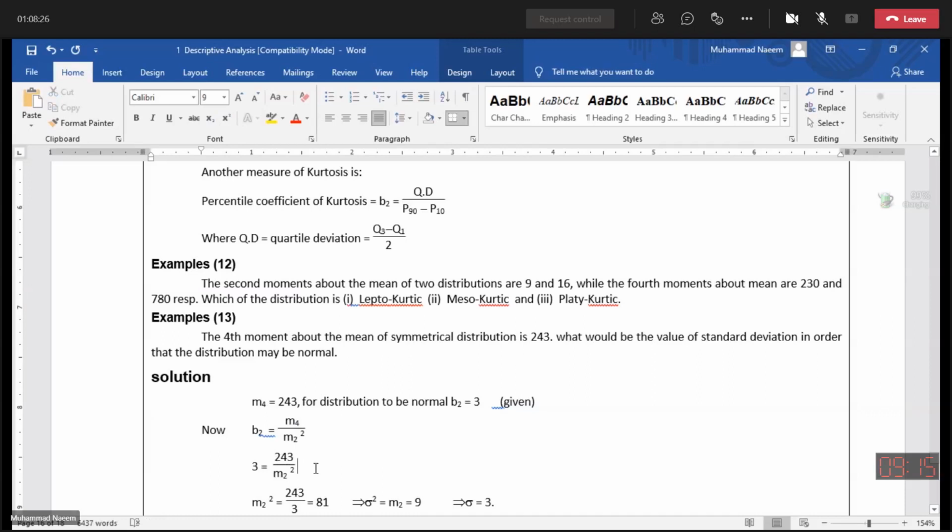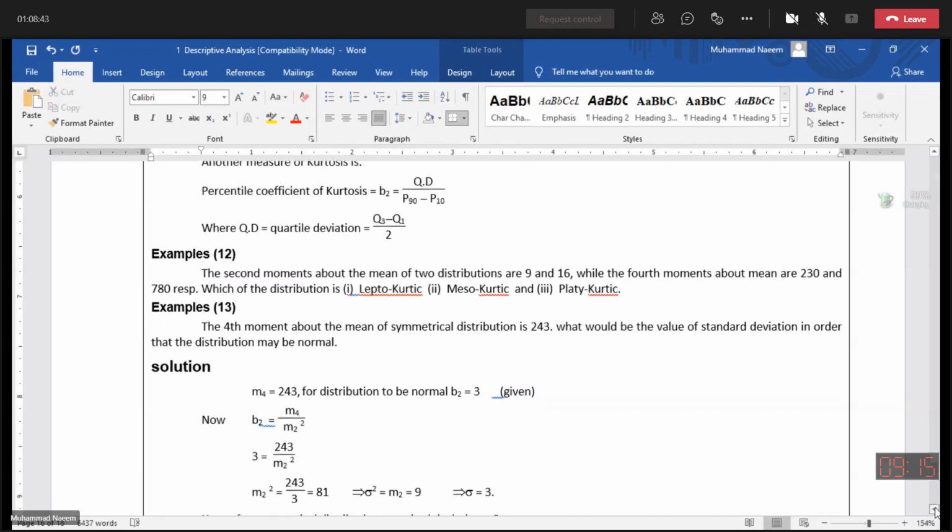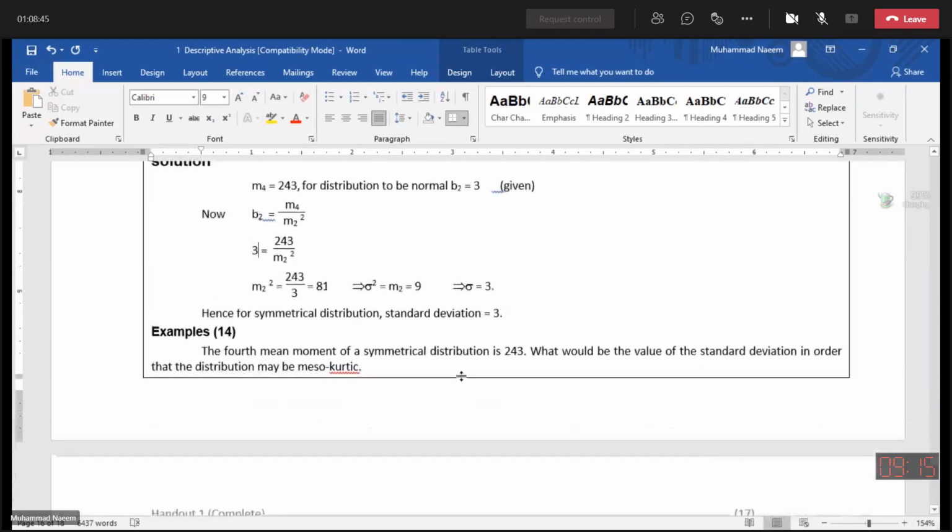Normal means mesokurtic, so the value of B2 must be equal to 3. So equating B2 equal to 3, and also the value of M4, and simplifying for M2 square. Remember, M2 is the variance. So in this way, we get the value of the variance, which is equal to 9.